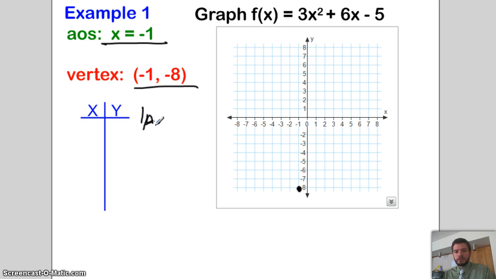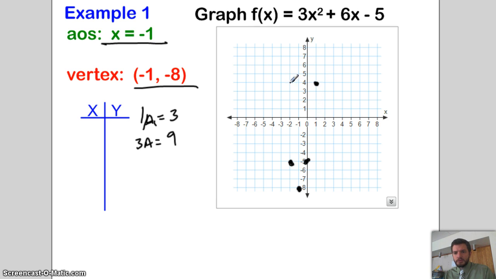So 1 times 3 is 3, and then 3a is 9. You always go over 1, and then up however many this tells you. So you go over 1, up 1, 2, 3. And then over 1 and then up 3 the other way. And then over 1, up 9. So 1, 2, 3, 4, 5, 6, 7, 8, 9.